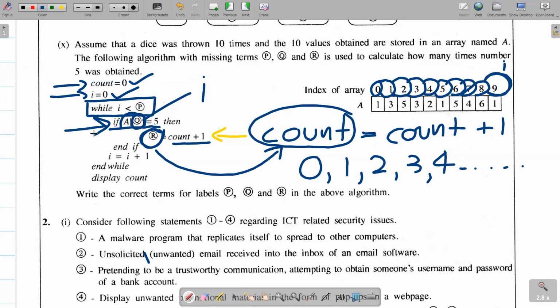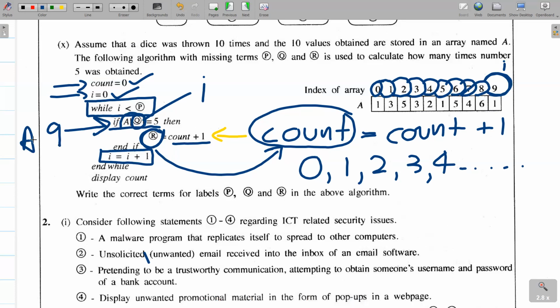And if it is a 5, you have to add it to the count, or else you have to increase it. Then I is going to increase by 1 after that. Here, when you have 9, it will compare the 9th element of A. If it is not 5, it's not going to be added into the count. Then it ends the if.